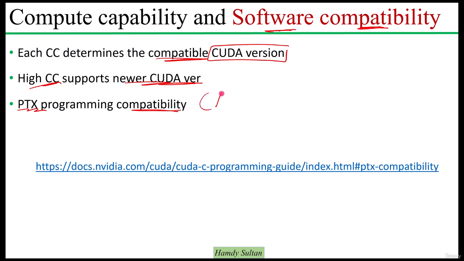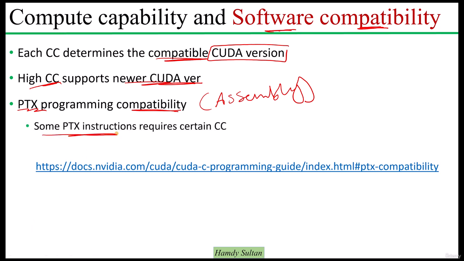We can consider the PTX as an assembly language just for the purpose of simplicity. Certain PTX instructions are reliant on the compute capability version of the device. In other words, some PTX instructions can only be executed on a device with a specific compute capability version.